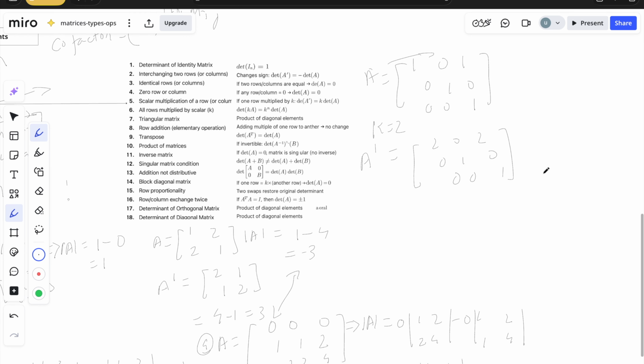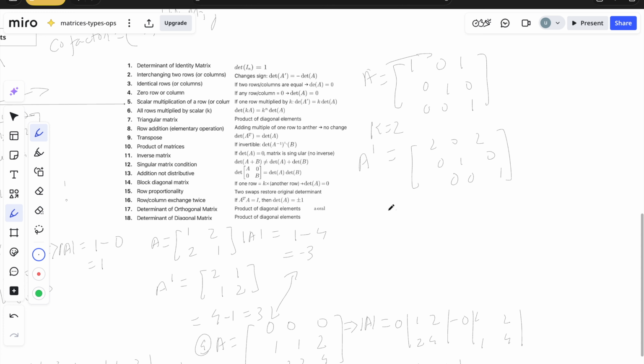So then in that case, the determinant of A prime would be 0 0 2 1 0 minus 0 2 0 0 0. I'm calculating around from this row, right? Remember, we can calculate from any rows and any columns in a determinant. Plus 1 and then 2 0 0 1, which is equal to 2, right?